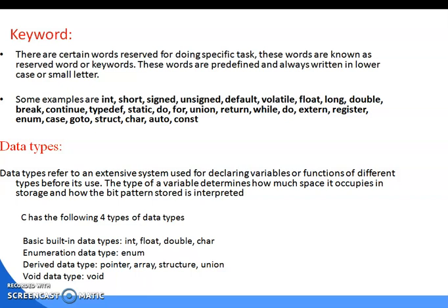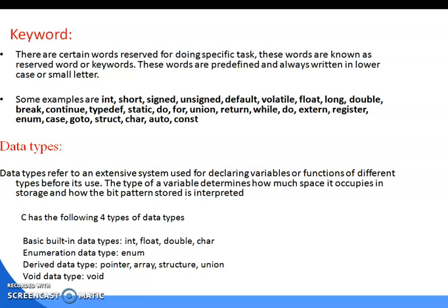So let's look at what they are: int, signed, unsigned, default, volatile, float, long, double, break, continue, typedef, static, do, for, union, return, while, extern, register, enum, case, goto, struct, char, auto, const. These are the keywords, reserved or predefined words. You cannot use these words in other areas.